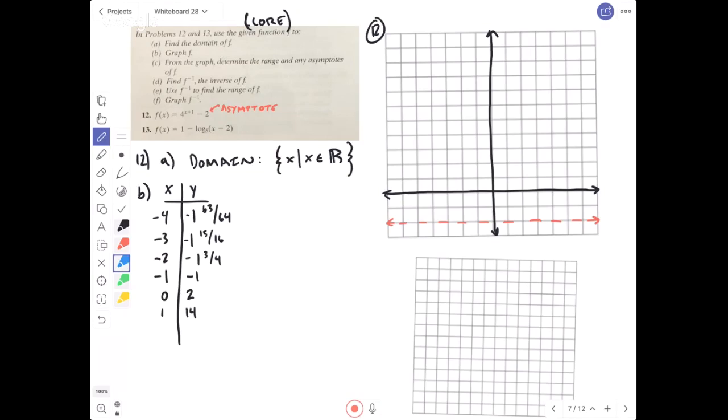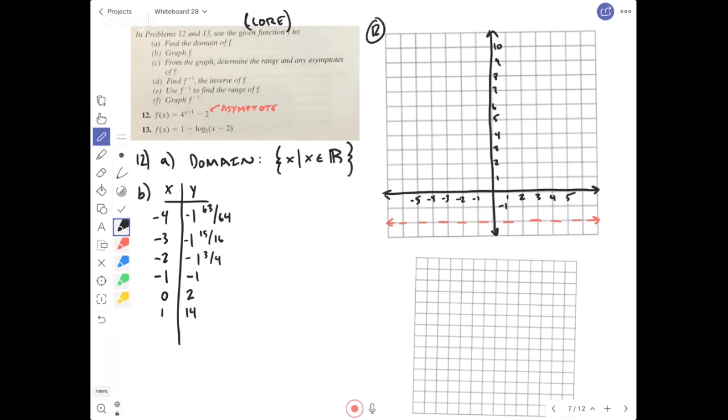So I had negative, oh, let's give a scale. This is negative 1, 1, 2, 3, 4, 5, 6, 7, 9, 10. Negative 1, negative 2, negative 3, negative 4, 5. 1, 2, 3, 4, 5.